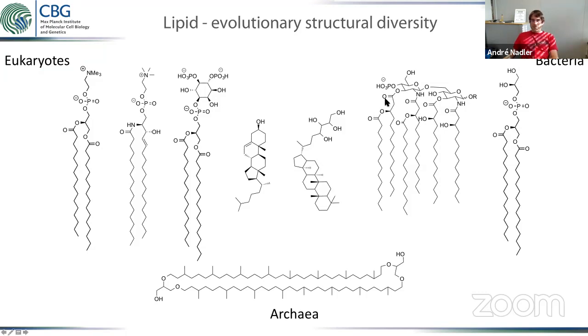We have rather complicated glycolipid structures like lipid A. And then there's these weird molecules in archaea where you essentially have head groups at both ends. Also, you don't have a traditional bilayer anymore. This is essentially an amazingly complex heterogeneity in terms of chemical structure that you see.